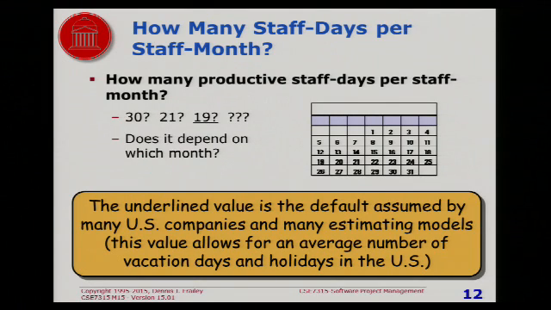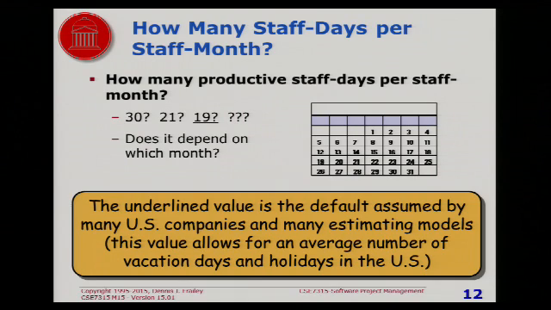Now, how many staff days per staff month? Well, in the U.S., the number that most organizations use is 19. Why? Because they subtract off holidays, vacation days, and sick days.